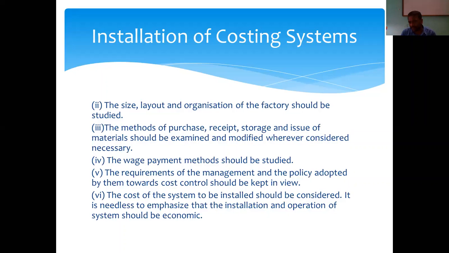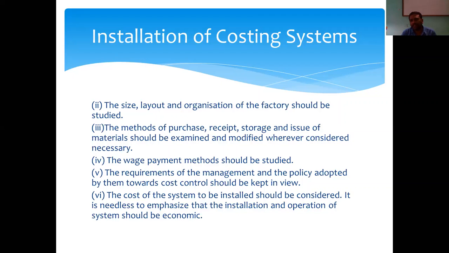We are going to learn this under the second chapter, on material. There we are writing the stores ledger. I told you clearly in the last class itself. When they are going to issue the materials, the storekeeper has to maintain the stores ledger: how much raw material has been issued for production, how much is required, how much they are having, like purchase, issue, and balances.